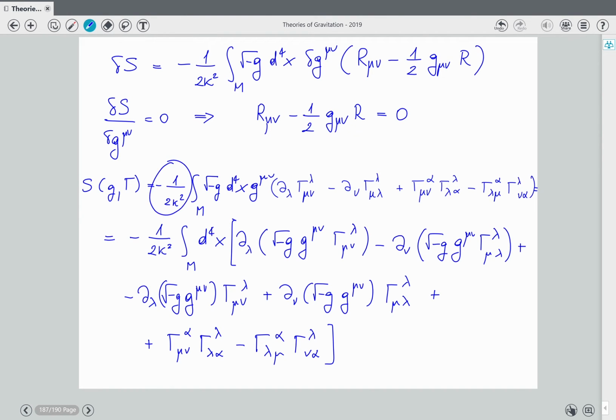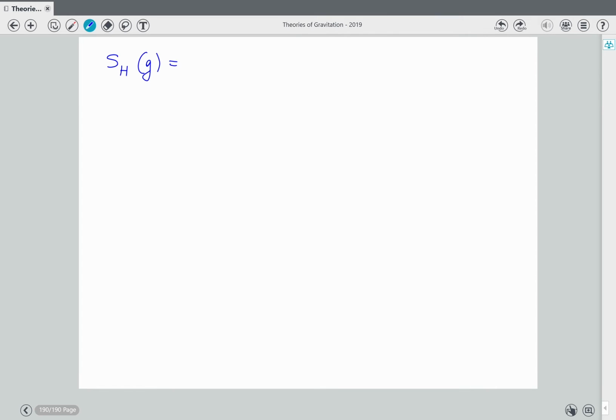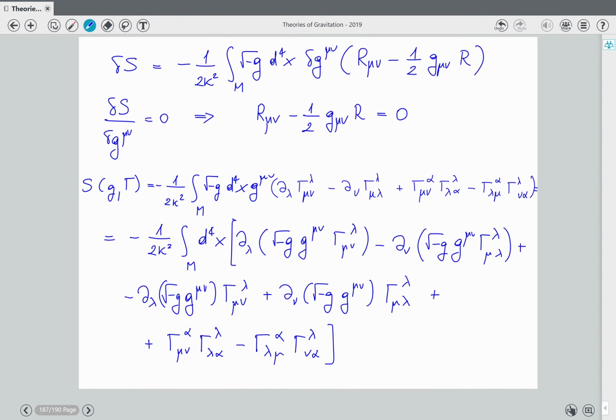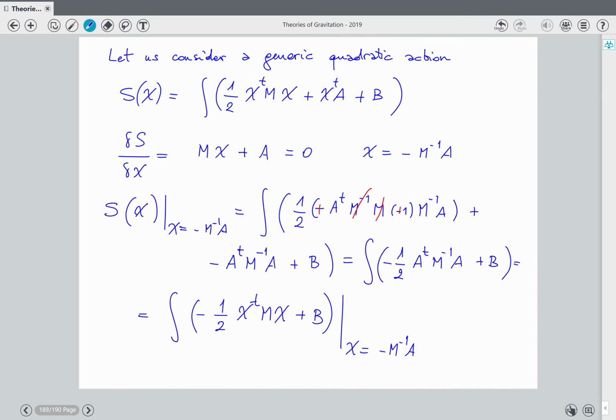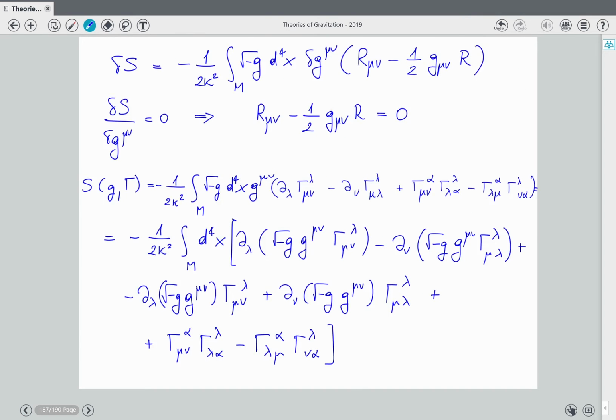So we have this, d^4x times that. Changing the sign just means that instead of minus 1 divided by 2k squared, I just write 1 divided by 2k squared times that. So that's gamma mu alpha, gamma lambda lambda alpha. Minus gamma lambda mu alpha, gamma nu alpha lambda.